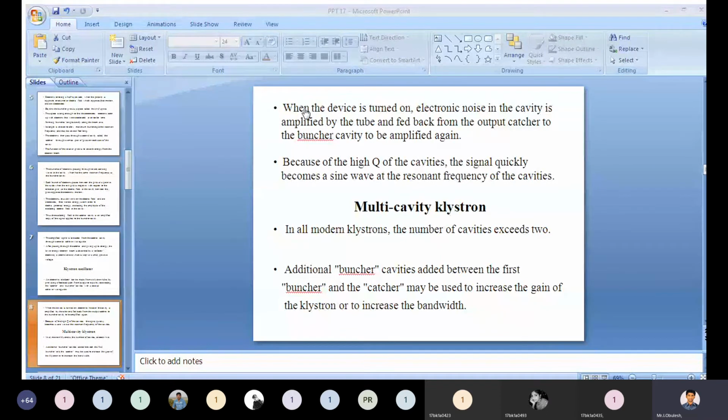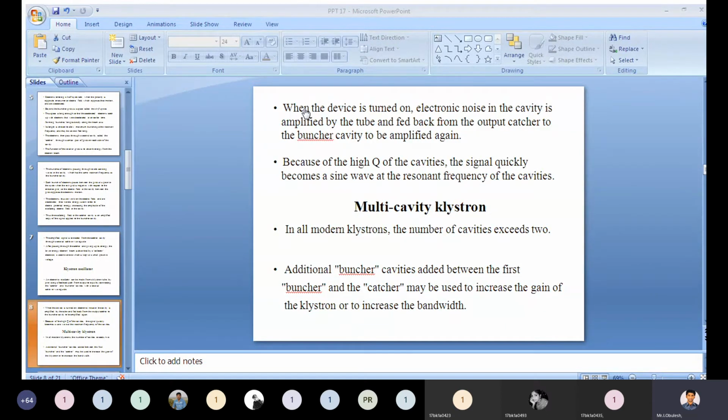The electron beam is velocity modulated when it first passes through the cavity.